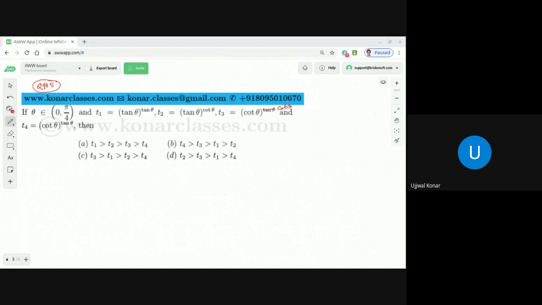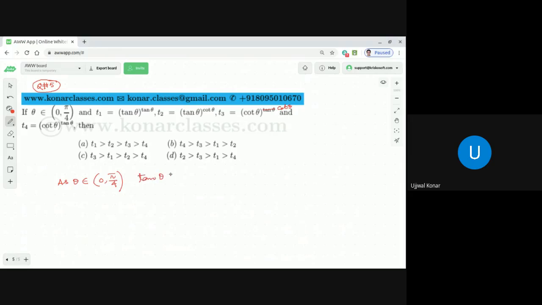Okay, so how to approach this particular question, dear students, you may be thinking, it is purely a conceptual question. In the interval 0 to pi by 4, as theta belongs to 0 to pi by 4, tan theta is less than 1, right?